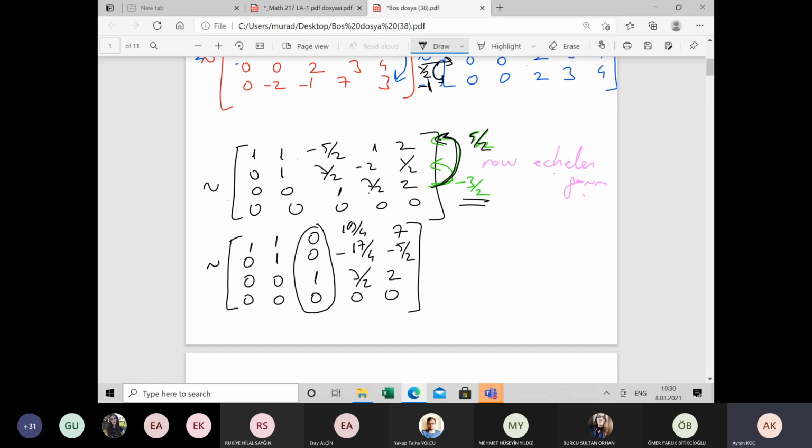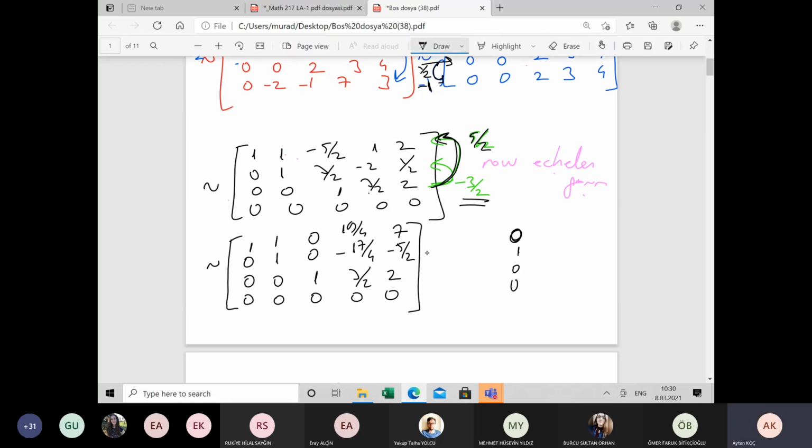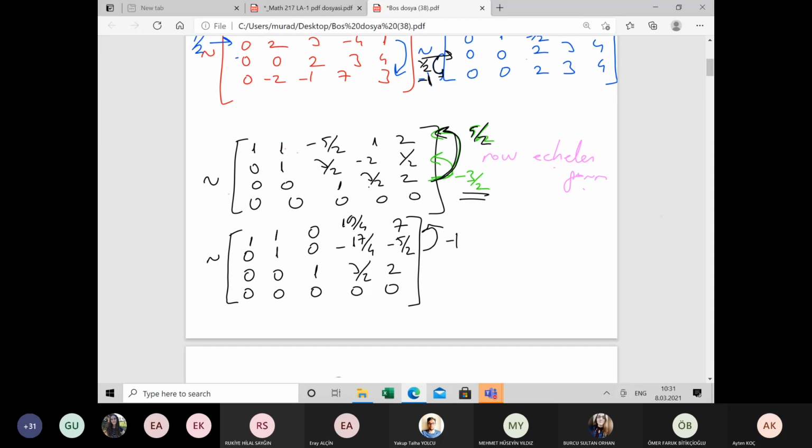The next one, previous leading one, our aim is to get 0 here. So how to get 0 here? Using the leading one, take this row, multiply by -1, add to the first row. It's okay.